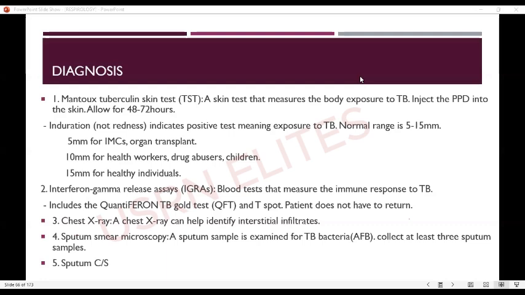So when you receive the Bacillus Calmette-Guérin, in some way the patient has been introduced to the TB bacteria, like an antigen of the bacteria. You inject it into the skin, so you've been exposed to it already through the vaccine. So when you check the PPD, you are still going to have a positive result, but we term it a false positive because you took the vaccine. Are you getting my point?